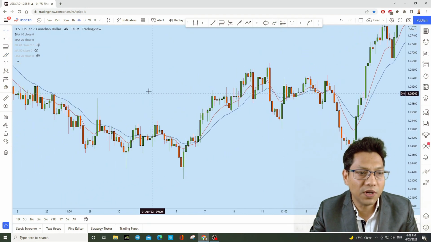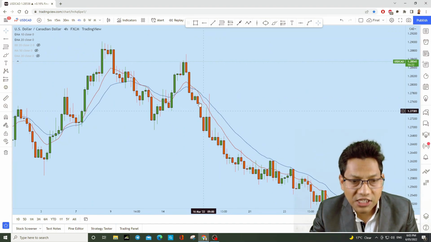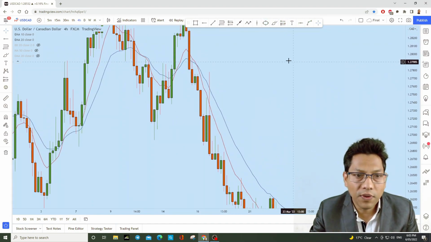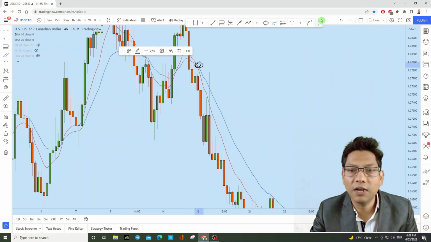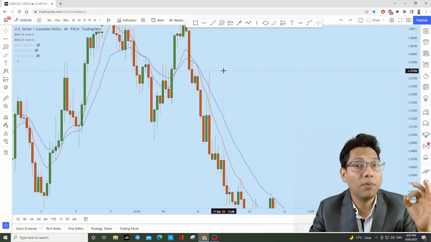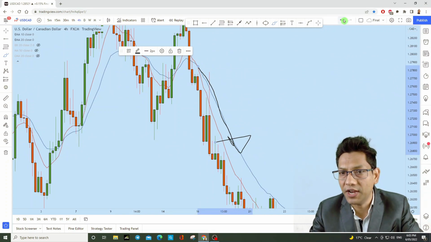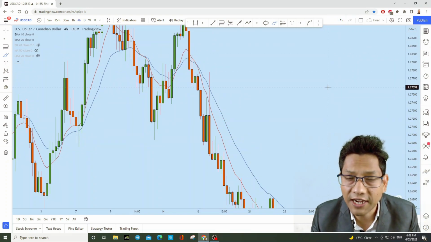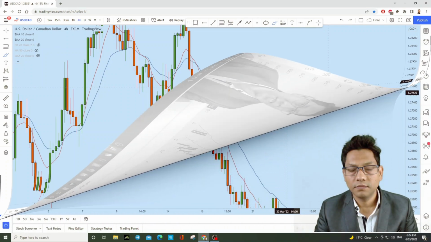Vice versa, if you see a market moving with high speed like this one here, as soon as the moving averages cross each other, so that the blue 20 is above the red, that is considered the start of a downtrend. So this is the first secret that you can find in the 20 and 10 EMA.